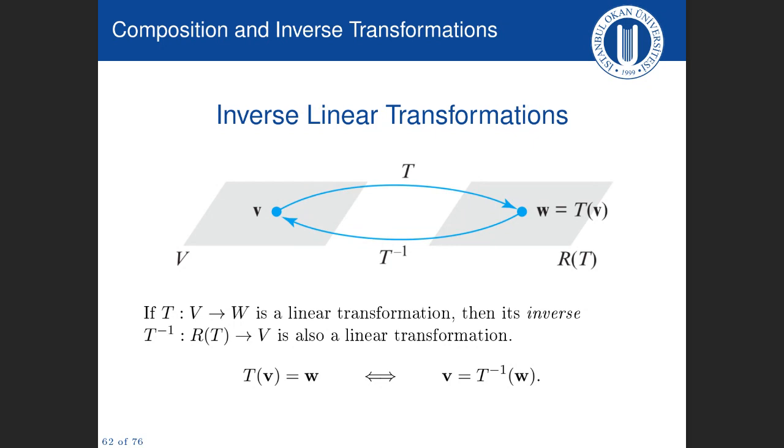There should be one-to-one here. If T is a one-to-one linear transformation, then its inverse with domain range of T is also a linear transformation.